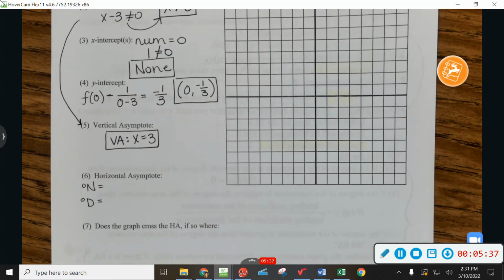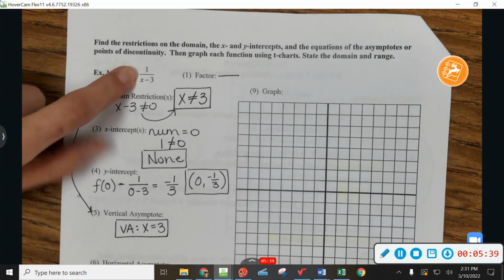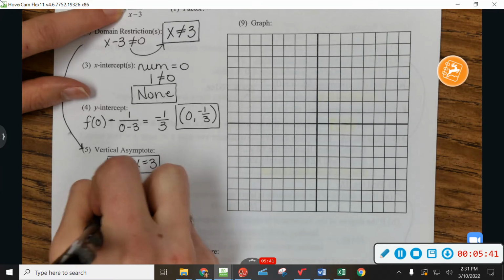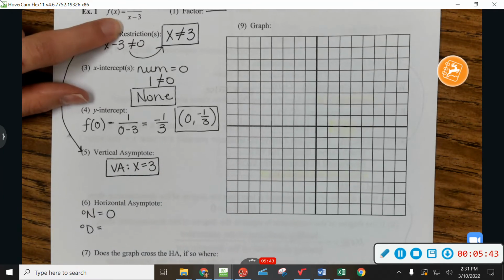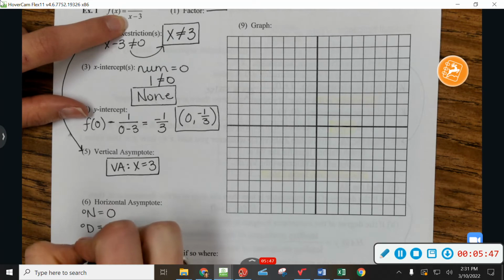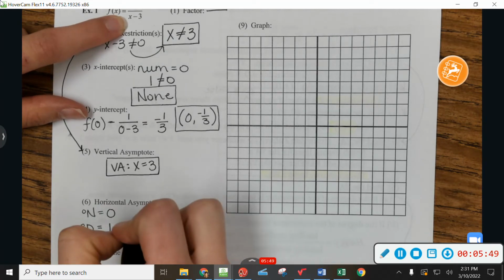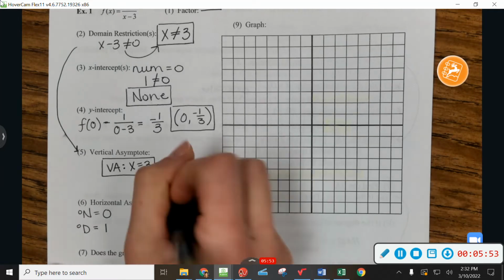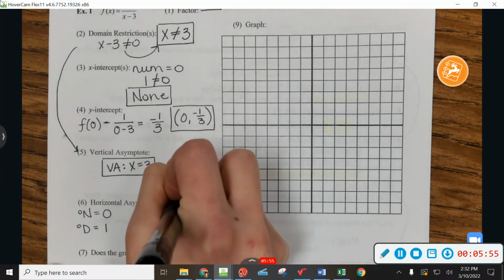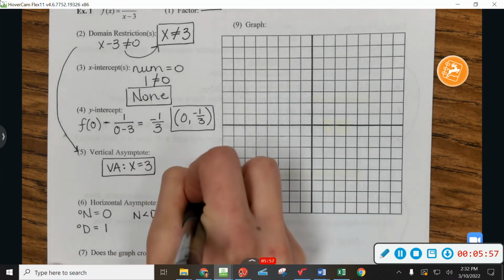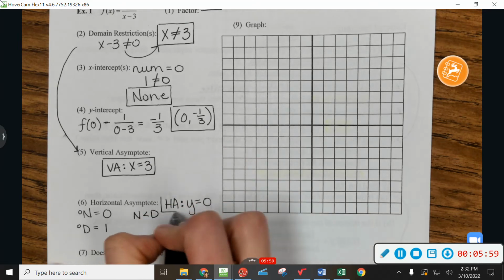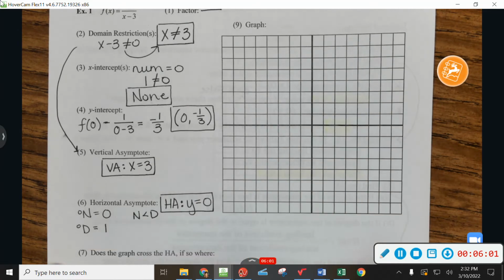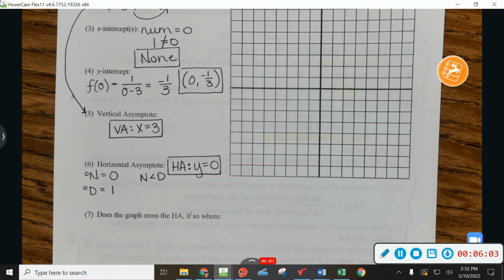My numerator is just a constant, so that degree would be 0. My denominator is x, so that degree is 1. So my numerator is less than my denominator, so what's my horizontal asymptote? Y equals 0. Y'all good?